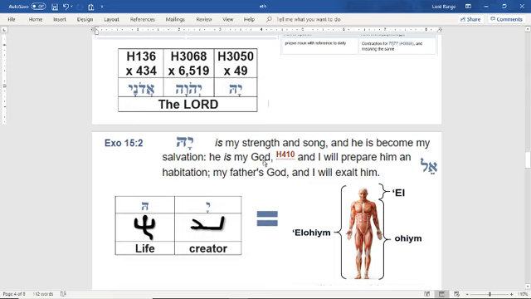He is my God. Now, if you remember, this Hebrew reference number 3410 is from the last lesson. It is El. So basically, the reason we're reading this verse is so we can understand who Yah is. And this verse lets us know Yah is El. It just has a different name.